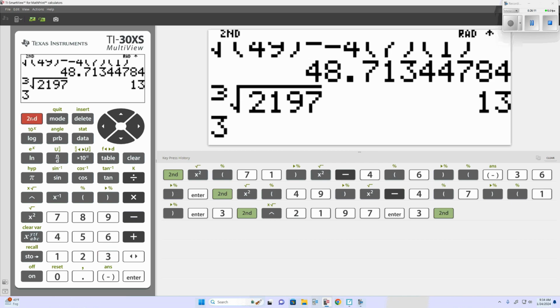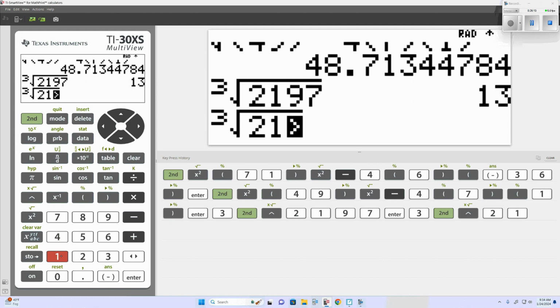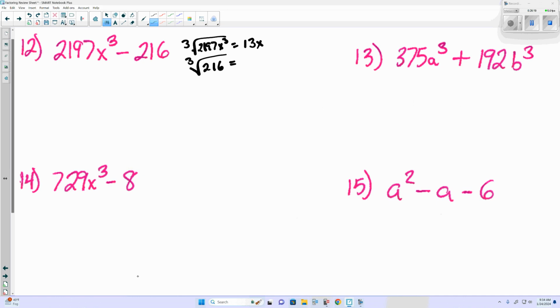The cube root of 216 is 6. Questions on this here? The reason we do the cube roots is just to get the values that we're going to plug into our corresponding spots.